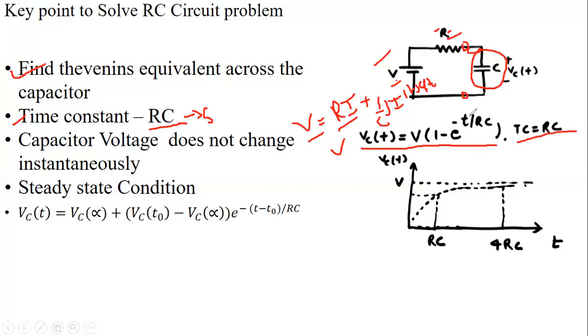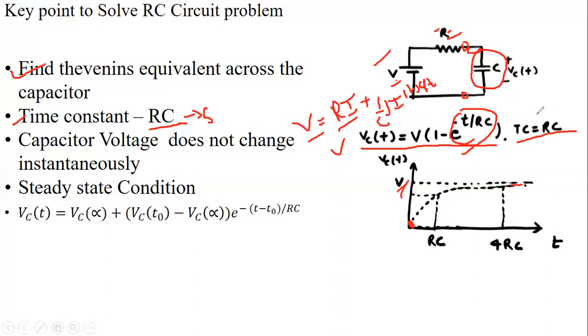This term is an exponentially decaying term. At t equal to 0, e to the power 0 is 1, and 1 minus 1 is 0, so the voltage across the capacitor at t equal to 0 is 0. For a high value of t, e to the power minus t upon RC becomes 0, so it will charge approximately up to the maximum value applied across it.